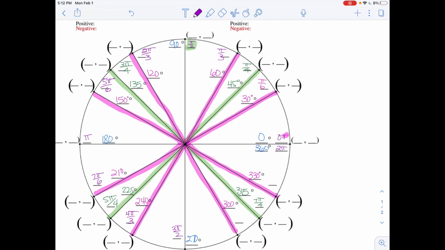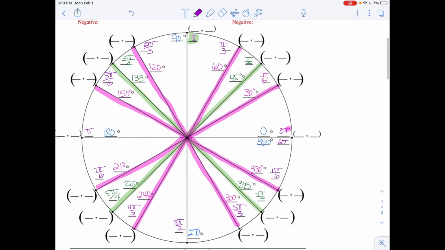Add that again, we get 270 or 3 pi over 2. 9 pi over 6, 10 pi over 6, which is really 5 pi over 3. And then we end up with 11 pi over 6 here. Whew. So we've measured it all out. We've got all of our angles, all of our radians. Now we're ready to label what's what.